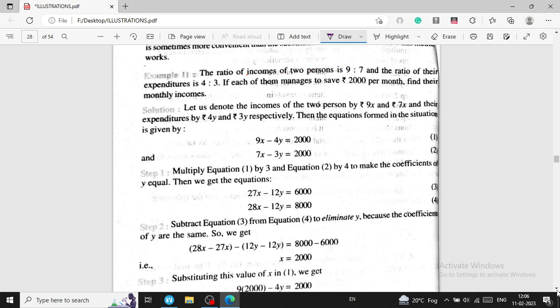In the question we find that if each of them manages to save rupees 2000 per month, then find the monthly income. For finding the saving value, saving will be equal to income minus expenditure. So we will write 9x minus 4y.